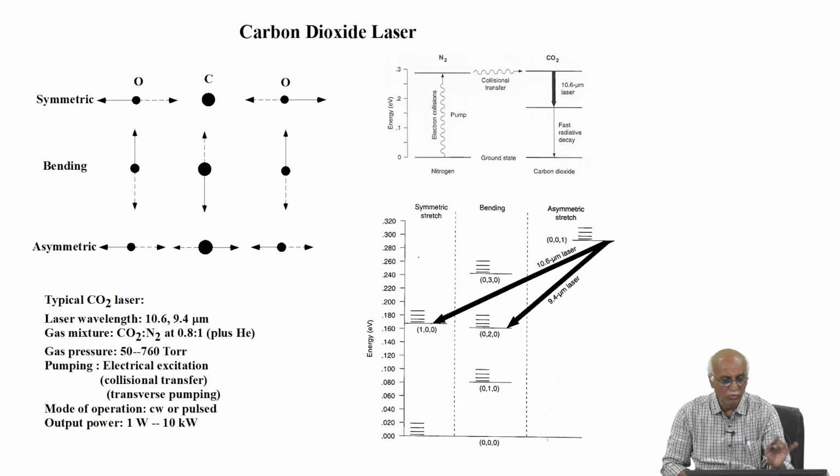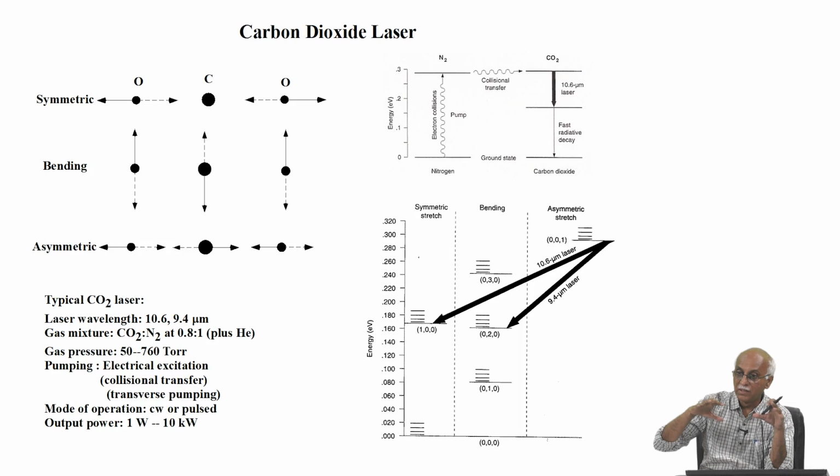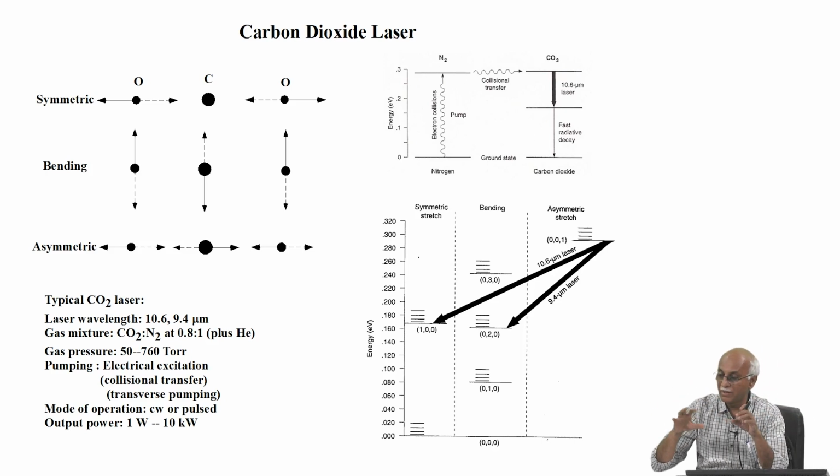And argon we will skip. Carbon dioxide is another such CO2 lasing material. Now, in carbon dioxide, the energy transfer is through various types of vibrations of the CO2 molecule. Unlike helium neon, where they are atomic levels, here CO2 itself is a molecule, and the C and O atoms have different combinations.